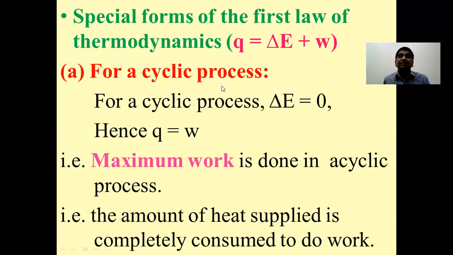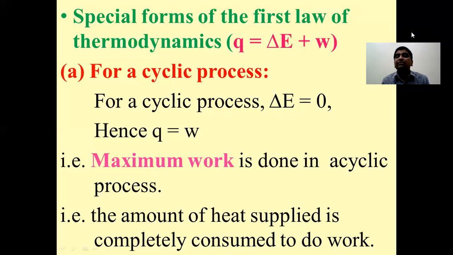If its initial and final states are the same, then what happens? Its internal energy is also the same. And what is internal energy? Internal energy is nothing but the sum of all kinds of energies associated with a particular system. If a system is undergoing a cyclic process, then delta E is equal to 0.